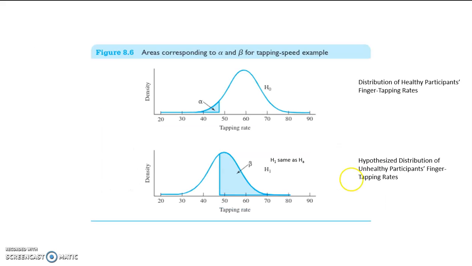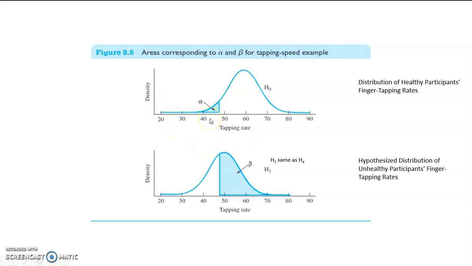This is what it looks like graphically. Okay, so let's say up here, this is the distribution under the null hypothesis. So this finger tapping rate is 60. So this is kind of the distribution for healthy participants. Okay, and if this is a one-tailed test, then we get something in less than 5% of this tail. If it's this extreme, then that's our alpha. Okay, so if you get an X bar that's less than about 48, excuse me, 48 or so, then you'd say we reject the null hypothesis.